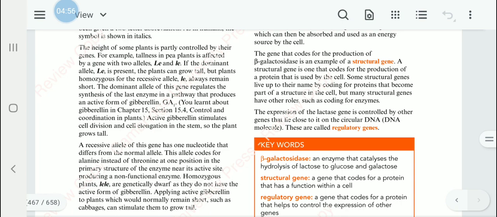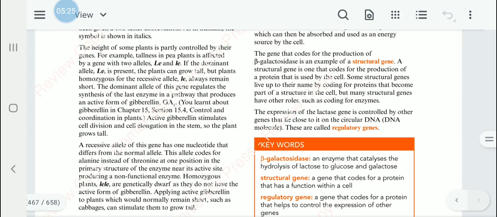In the primary structure of the enzyme, a non-functional enzyme is produced. As a result, gibberellin is out of the question. It is not there. So there is no active gibberellin.